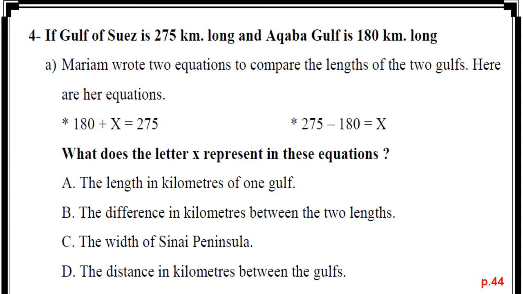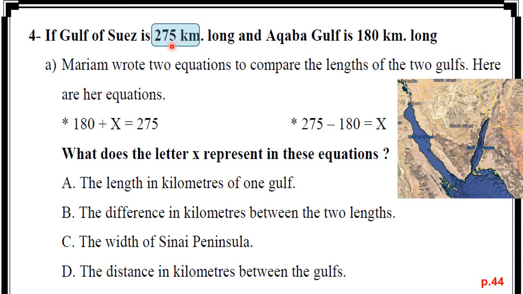And now in number 4, if the Gulf of Suez is 275 kilometers, here we have the Gulf of Suez and the Gulf of Aqaba. The length of the Gulf of Suez is 275 kilometers, and the Gulf of Aqaba is 180 kilometers long. Here is the Aqaba Gulf, 180, which is shorter in length. And now Maryam wrote two equations to compare the length of the two gulfs.